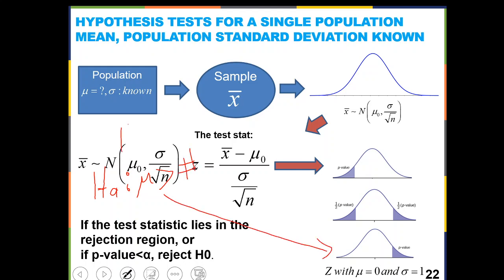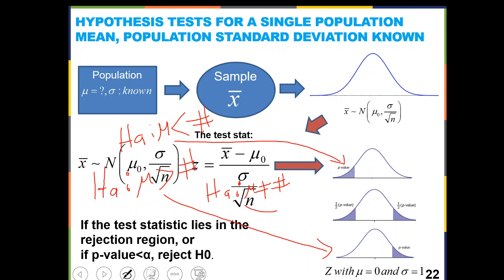If the alternative hypothesis says mu is less than some number, then we have a left tail test. And if the alternative hypothesis says mu not equal to some number, then we have a two-tailed test, which is right there. Okay? Again, we're going to talk about this in more detail later.